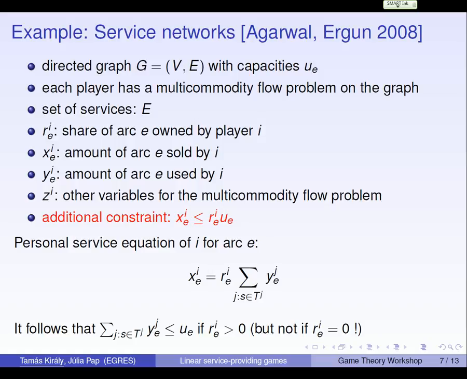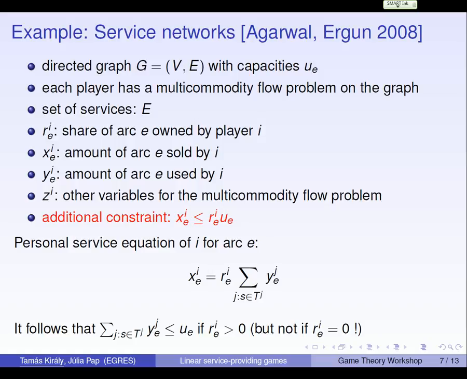R_I of E, for an arc E, is the share of the arc owned by player I. We have the variable for the amount that I sells of that arc and the amount that I buys or uses. And there are some other variables for the multi-commodity flow problem.